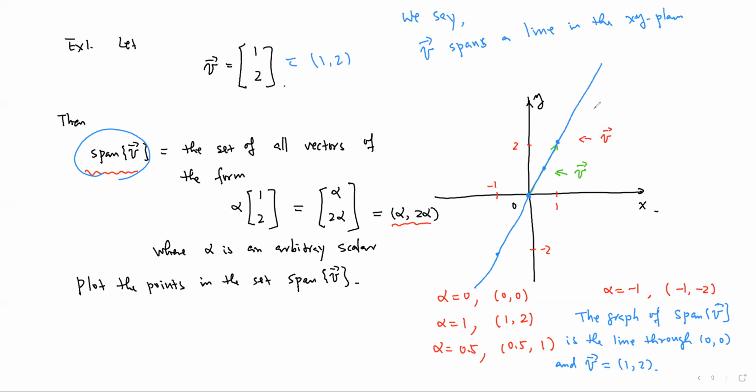So one vector spans a line, the line passing through the origin and passing through the vector V. Vector V is this point. So a vector spans a line. How about two vectors? Two vectors now span a plane.